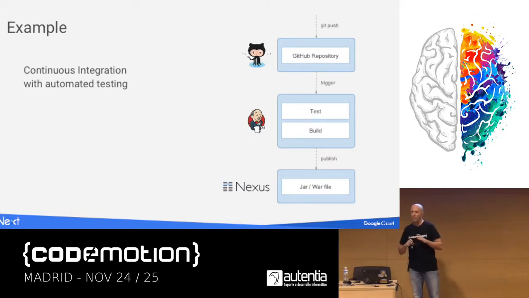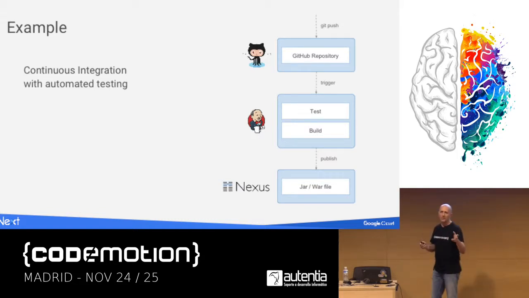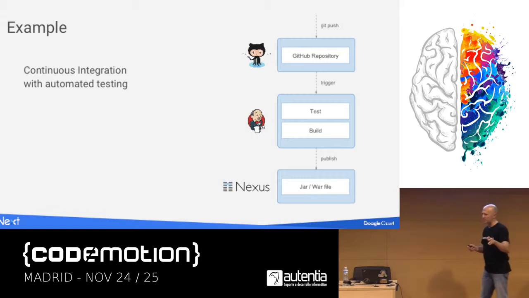An example of what we're talking about here, and the icons are just for illustration purposes, so this is not an endorsement of anything. Basically, you have a Git repository, and your code goes to the Git repository. This is going to automatically launch your continuous integration pipeline, Jenkins, GitLab, whatever you're using, and then this is going to test, build, and then publish your artifact somewhere.